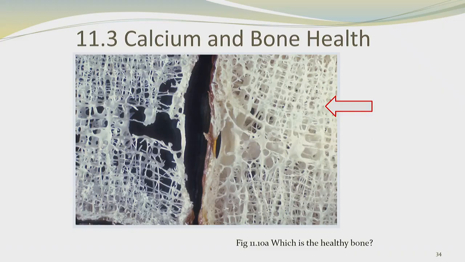So the loss of bone is shown here, and the loss of bone in the sample on the left is clearly evident, where you see some of the gaps in there, right? Compared to a healthy bone that we see on the right that has the hydroxyapatite structure clearly in place.